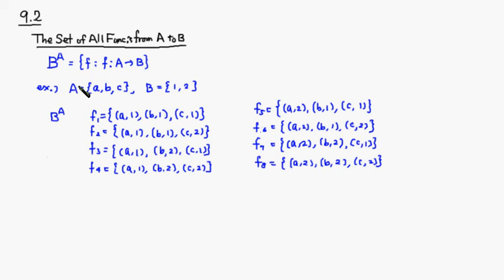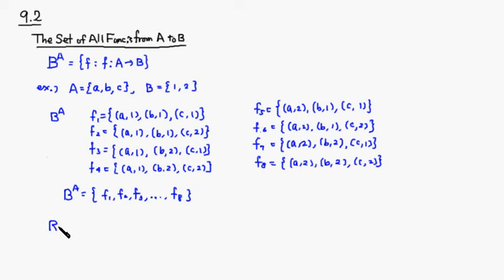B to the A would contain all of these: F1, F2, F3, and all the way to F8. So that's B to the A.